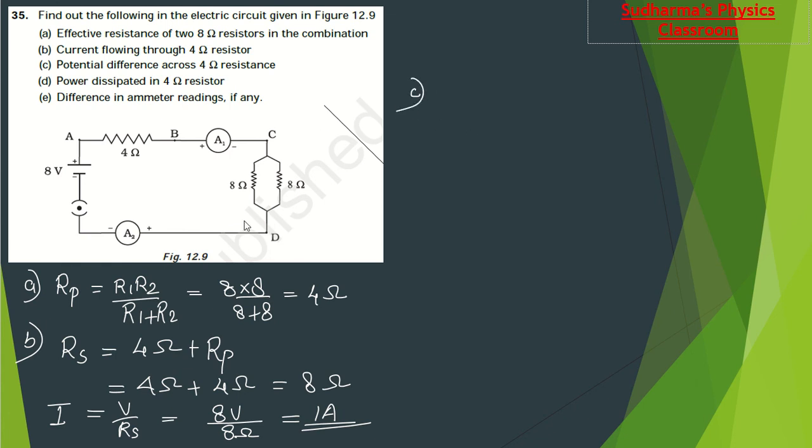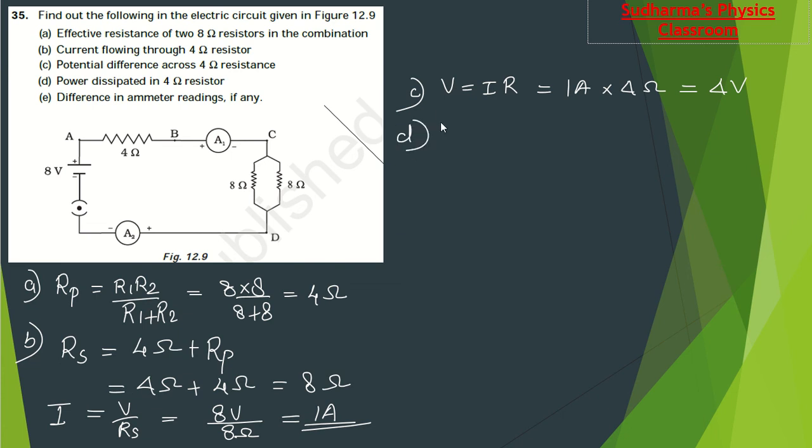Now, potential difference across the 4 ohm resistance. That means through AB, what is the potential difference across AB? So, V equals IR. 1 ampere current is flowing through this 4 ohm. 1 ampere into 4 ohm, that is equal to 4 volt.